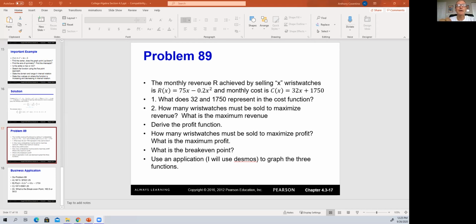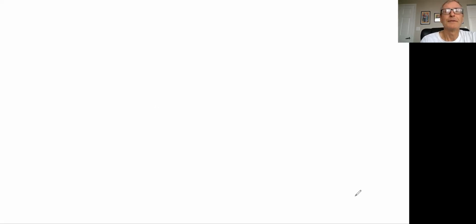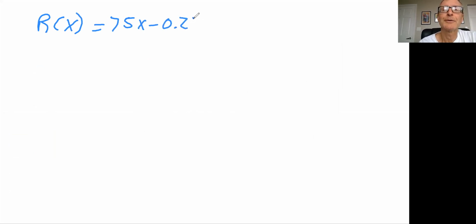And so let me just go to the whiteboard and write these up here. So the R of x, 75x minus 0.2x squared. And to be honest with you, that's not a great revenue function because you have this negative aspect of a second order effect of the wristwatches.